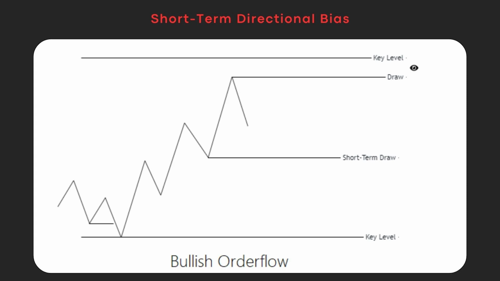In this scenario, you would first expect price to purge below the low and reject below the low and then break above the high, after that happens, to test the key level, right? That's what your first and immediate response should be. This is what we call short-term drawn liquidity, right?